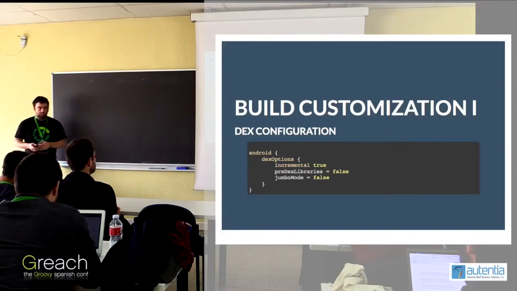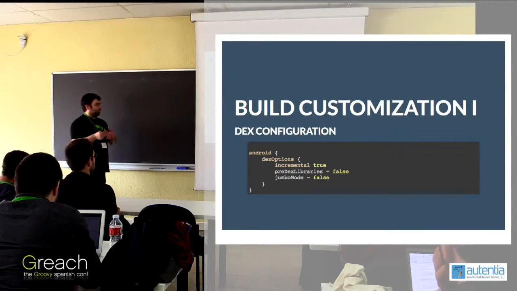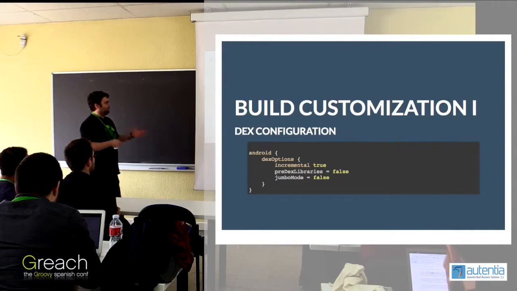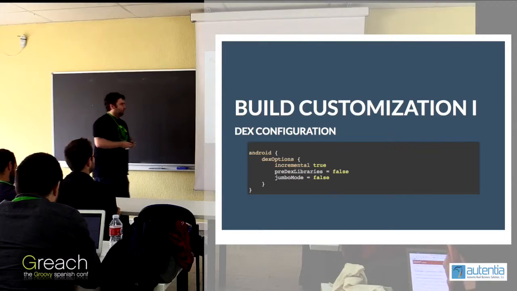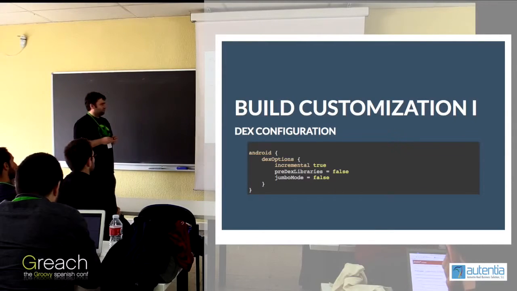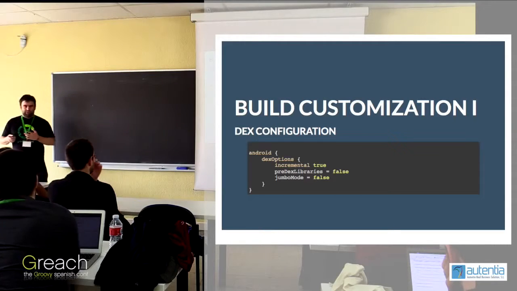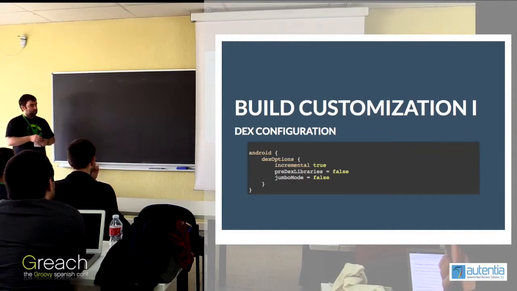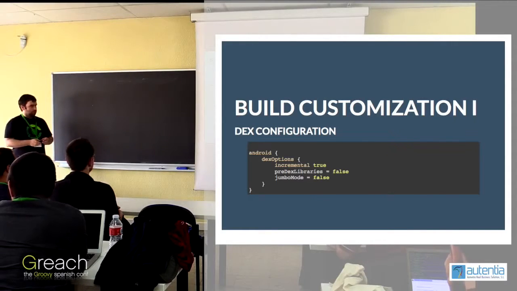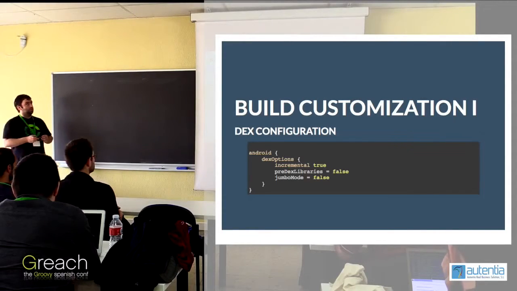There are plenty of more customizations that are specific to, for example, DEX options. If you want to use incremental DEX, or you need this jumbo mode, or if you want to pre-DEX libraries to make it faster, or make it reusable, especially when you have libraries, that's important, I think.